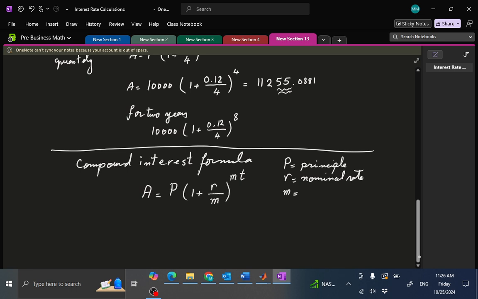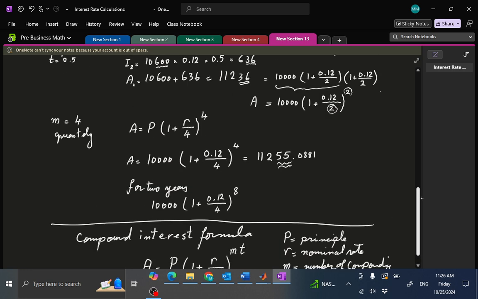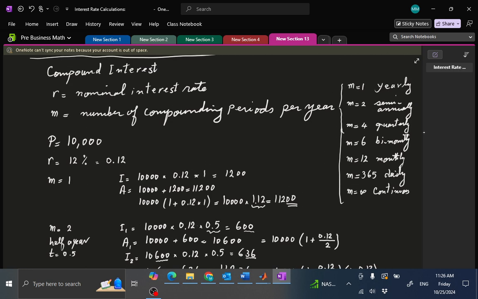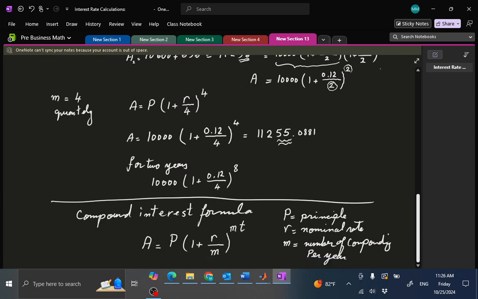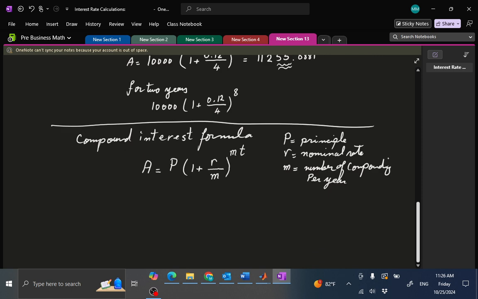M is the number of compoundings per year, with the famous cases being what we listed here. You have yearly, semi-annually, quarterly, bi-monthly, monthly, daily, and so on. Whatever you want to use there. And then T is the number of years.